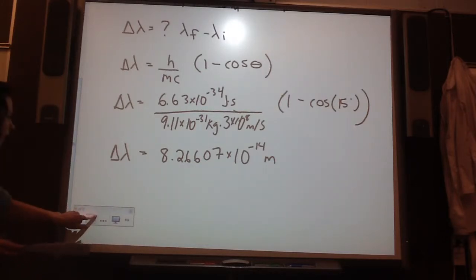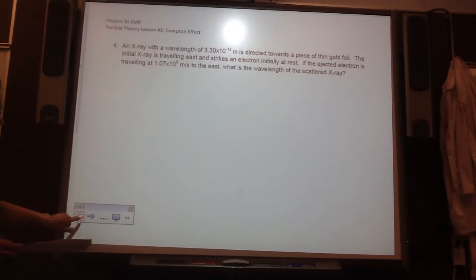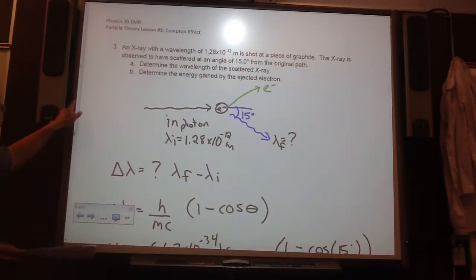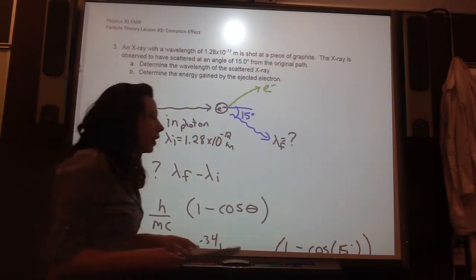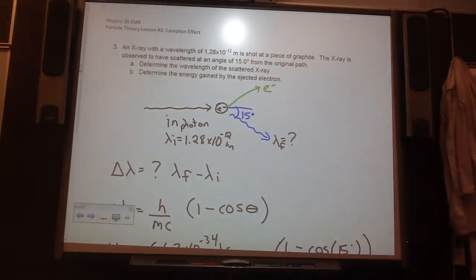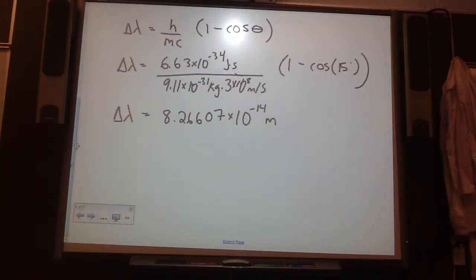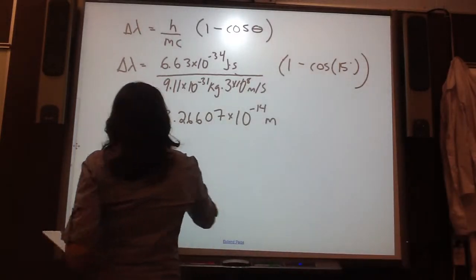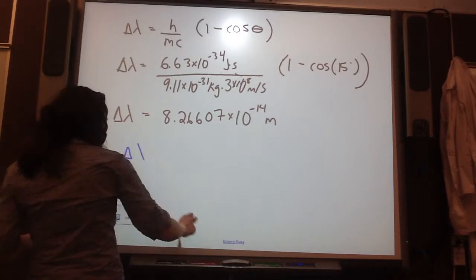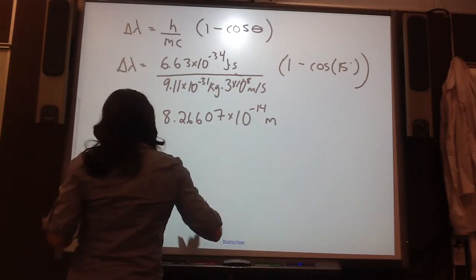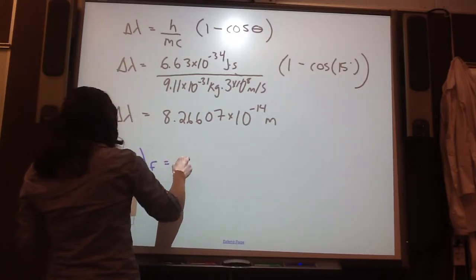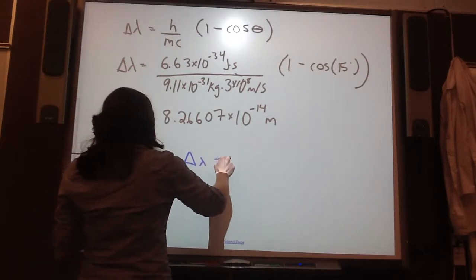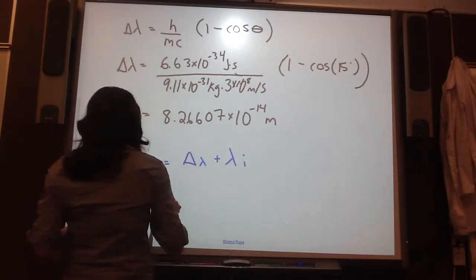Then, since I need to solve for wavelength final, I can just rearrange that little formula. Wavelength final is equal to change in wavelength plus wavelength initial.